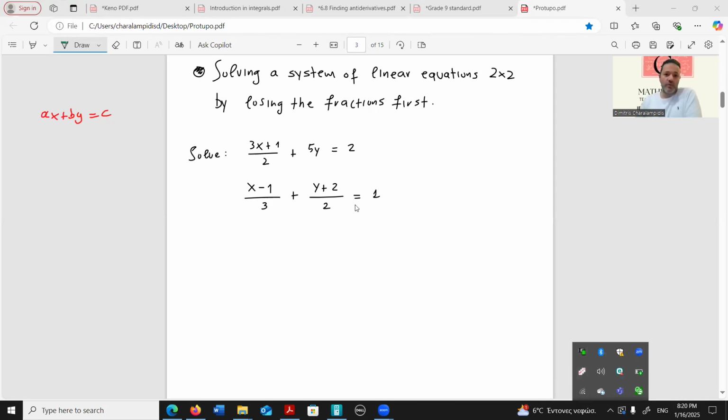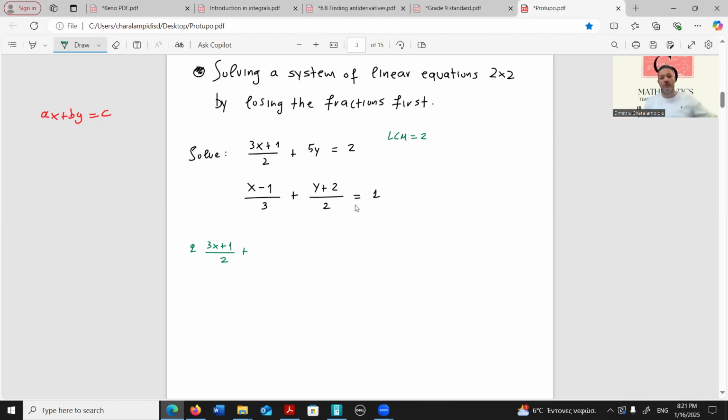So let's work with green on the first one. Here we only have one denominator, which means that the LCM should be that denominator itself, which means that I should multiply each term by 2. 2 times (3x plus 1)/2 plus 2 times 5y equals 2 times 2.